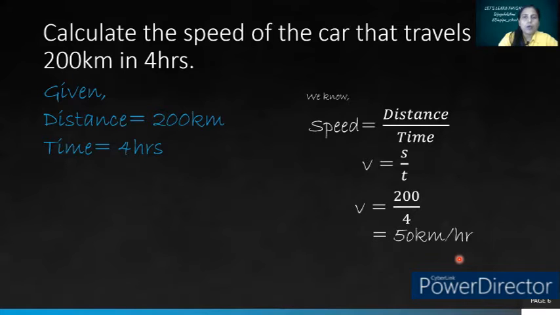This journey can be called a hypothetical journey because we would never get roads where the traffic is always constant and each and every vehicle is traveling at a constant speed. So this would become an ideal journey.